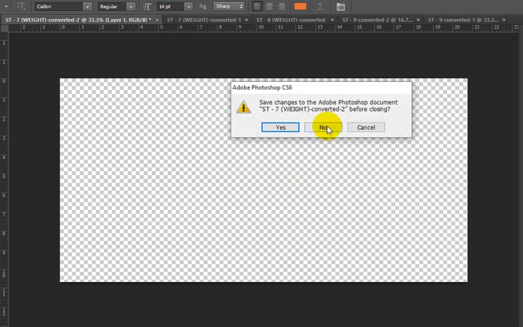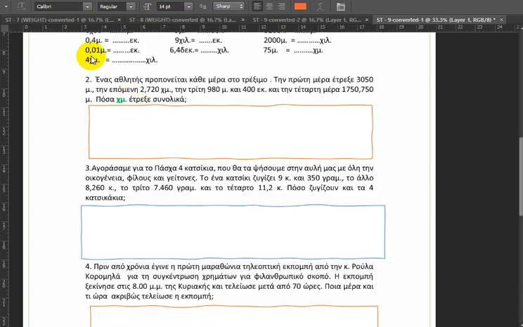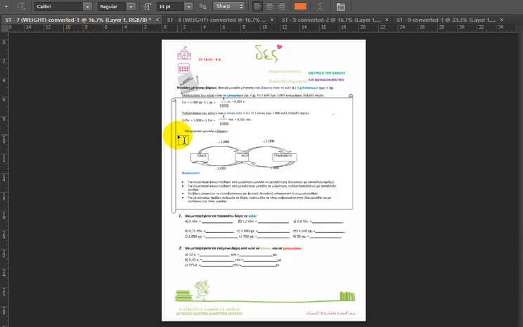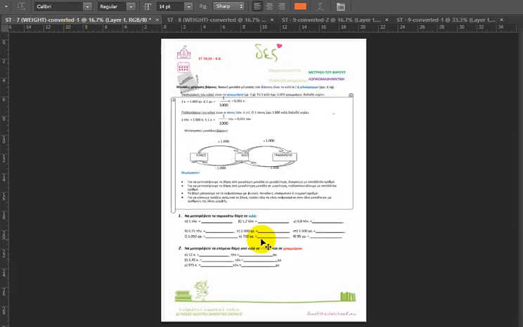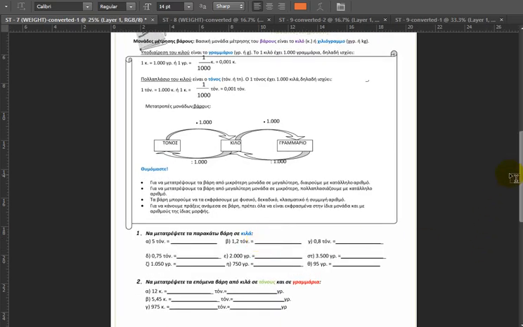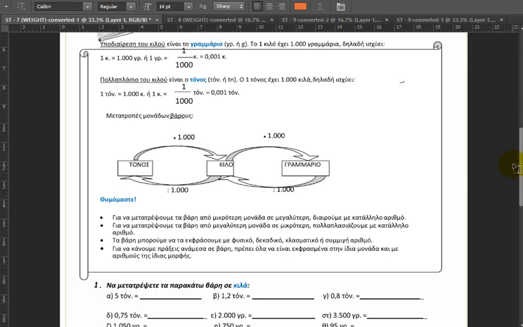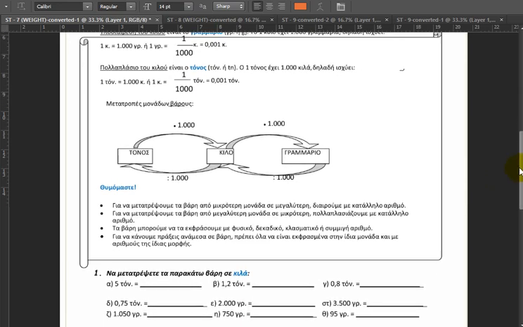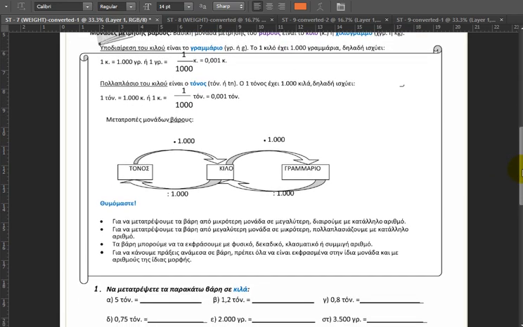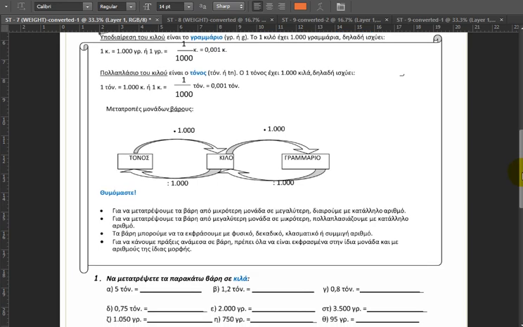It's probably a mistake. Okay, exercise number 7. We're going to keep the worksheets to a maximum of 4 from now on, 4 per week from now on.